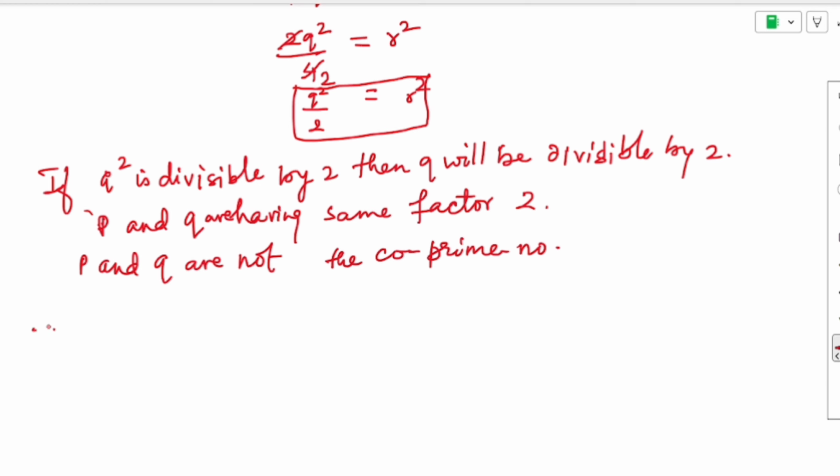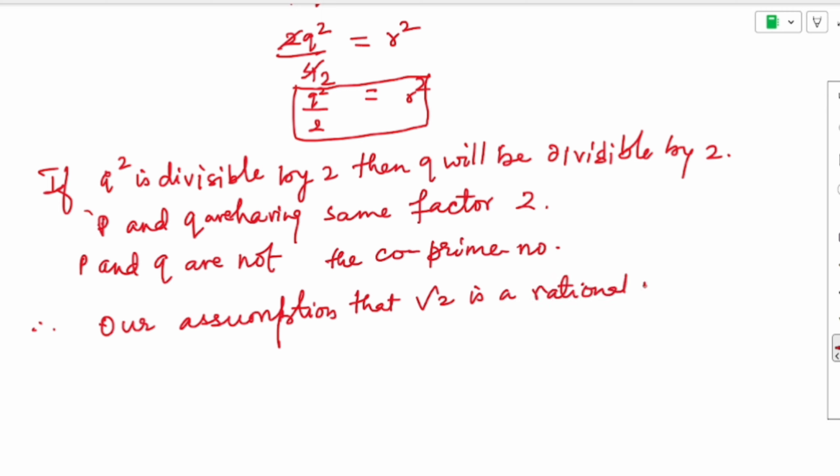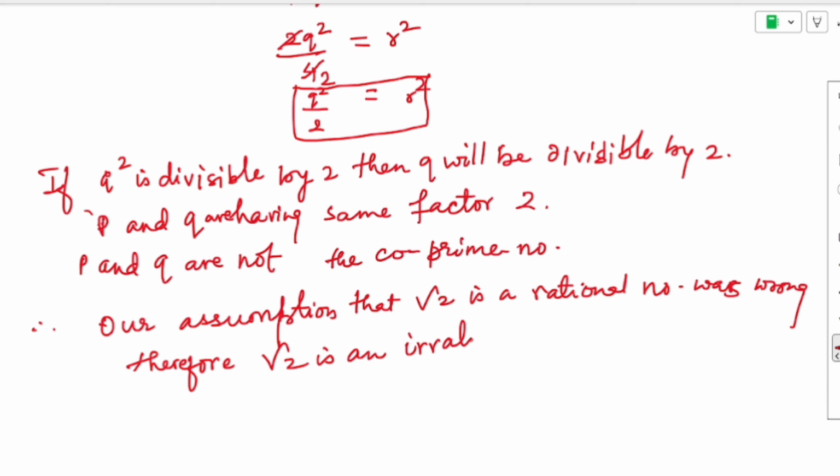Therefore we can say our assumption that root 2 is a rational number was wrong, and therefore root 2 is an irrational number. Hence proved.